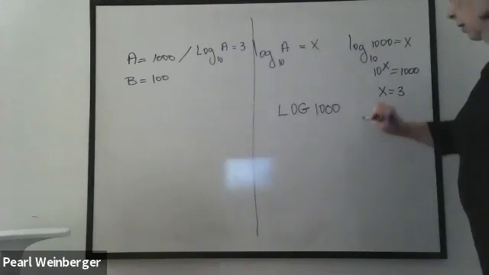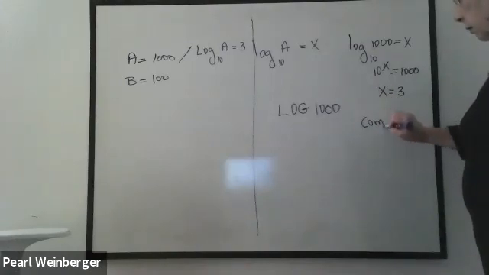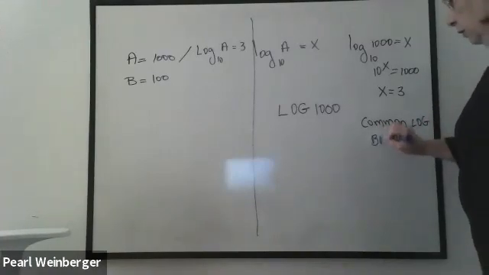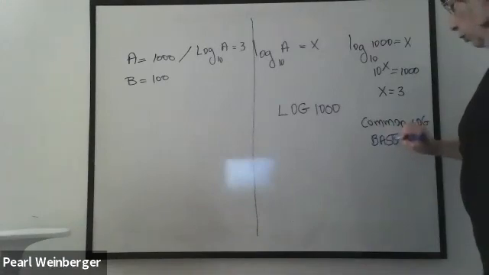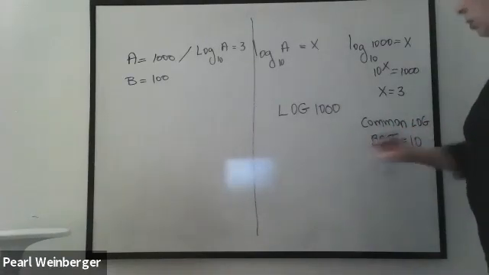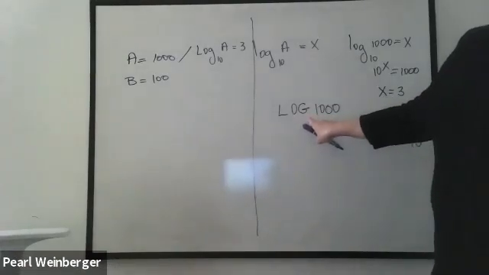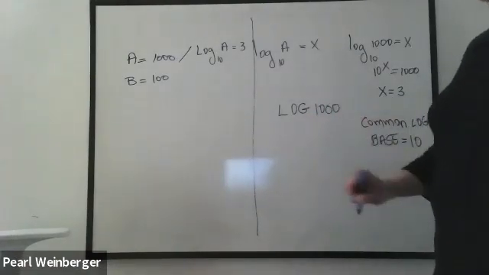In the common logarithm, the base is equal to 10. So anytime you see the word log written and no base is written next to it, you understand that that base is 10.